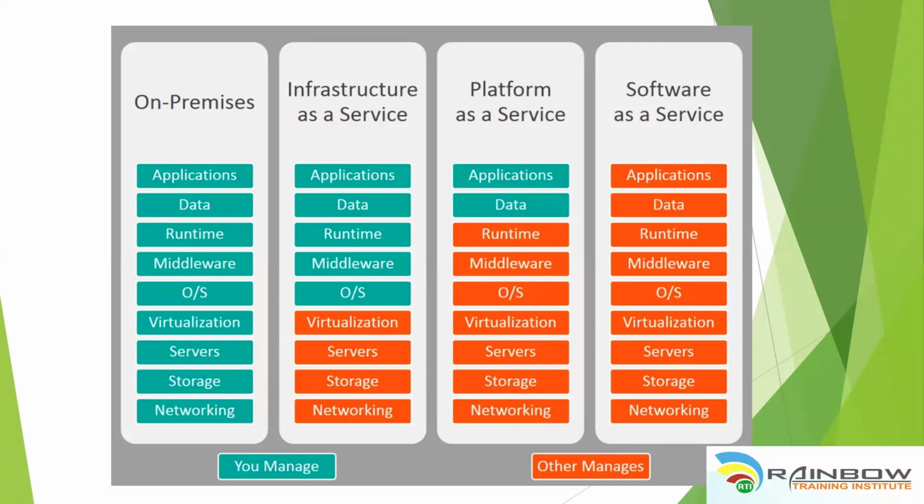You have full control over these elements, but for virtualization, where in a single server you can have multiple virtualized servers so that they can scale horizontally and vertically, what kind of servers you get, the storage, and the networking, we don't have any control over in infrastructure as a service.